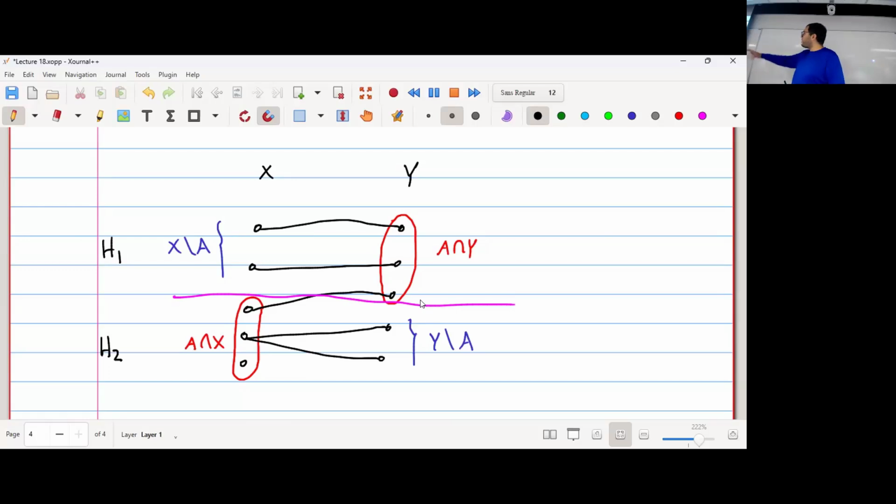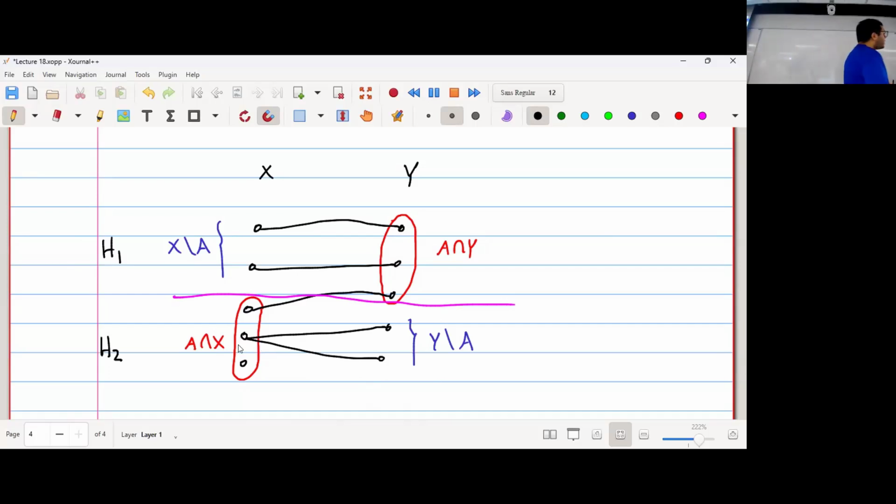So if in these subgraphs I can find big enough matchings, then I can find the matching in the original graph. So here's what I claim. I claim that in H1, there is a matching that matches all of the red vertices. And also in H2, there's a matching that matches all of the red vertices. Now, why is that the case?